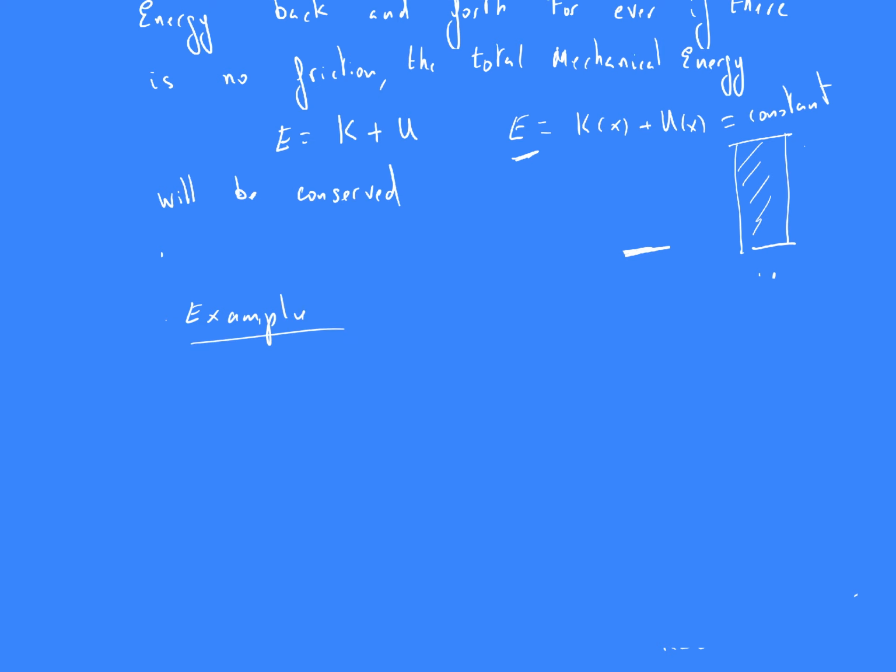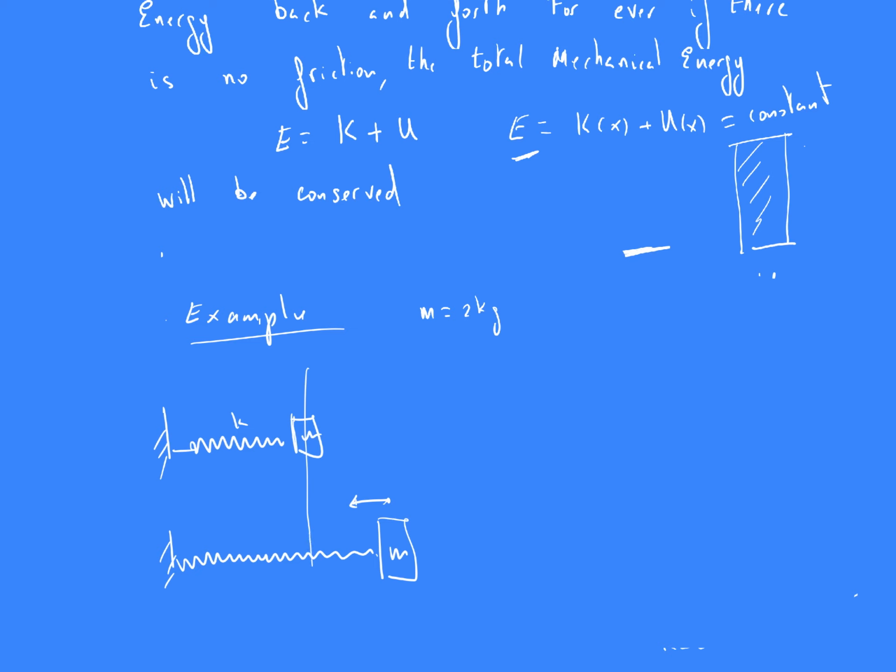So you have a spring. Let's say that this is the equilibrium position. So you have a mass M. Let's say the mass is 2 kilograms. The force that the spring is doing on the mass when you stretch it is in this direction, the opposite direction to the displacement.